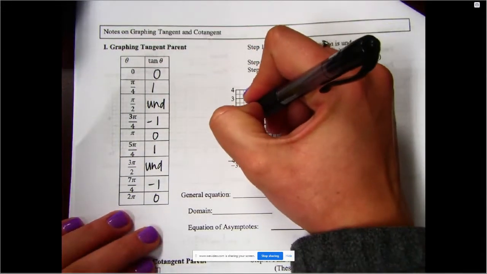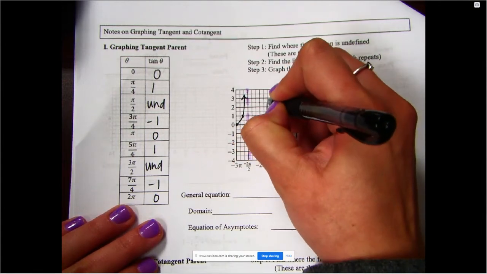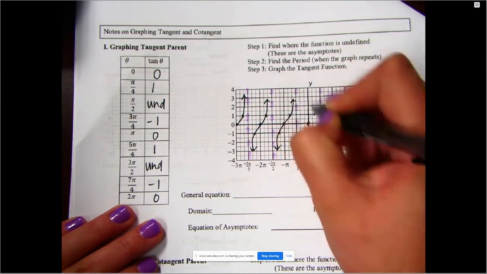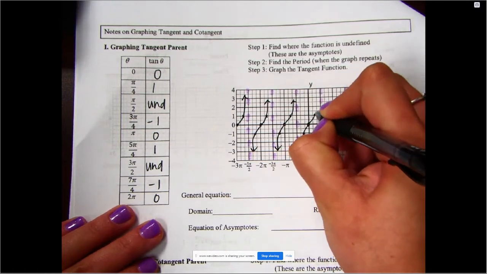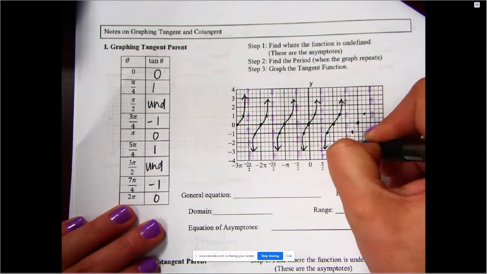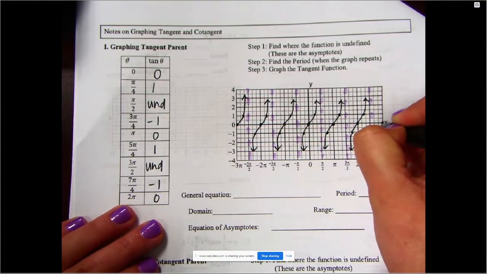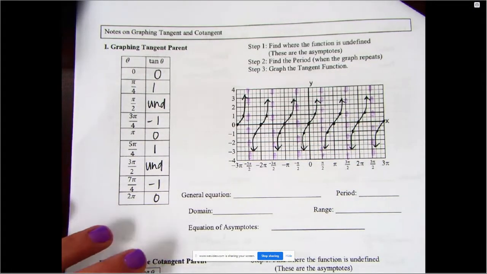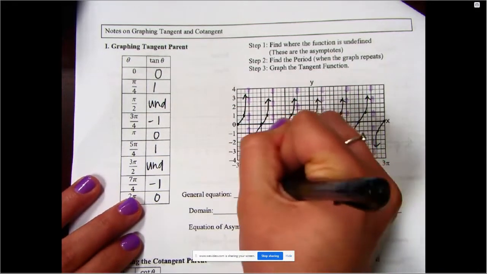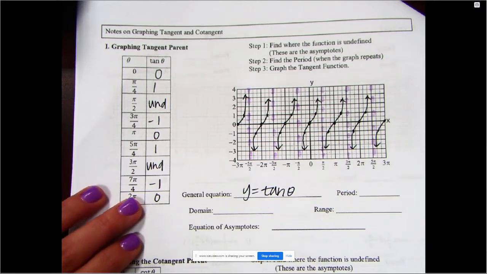But I will show you. It kind of looks like a bunch of cubic functions going across your graph. And that's tangent.